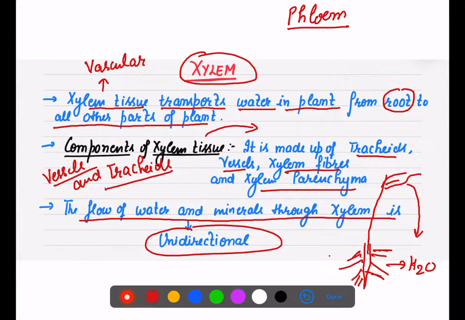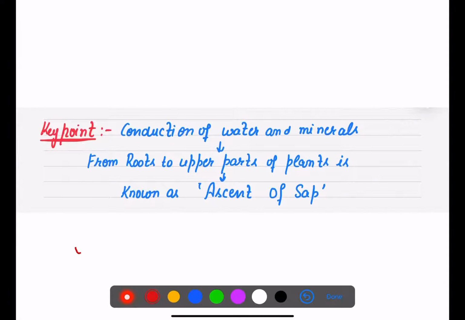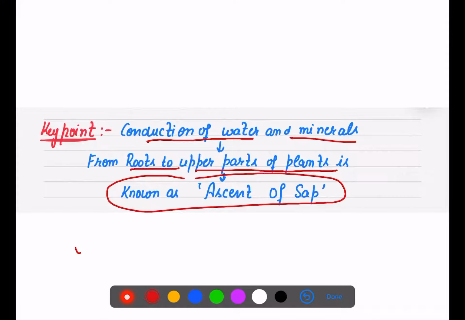So the flow of water as well as mineral is always unidirectional, meaning it moves in one direction. Now conduction of water and minerals from roots to upper parts of plant is known as ascent of sap.